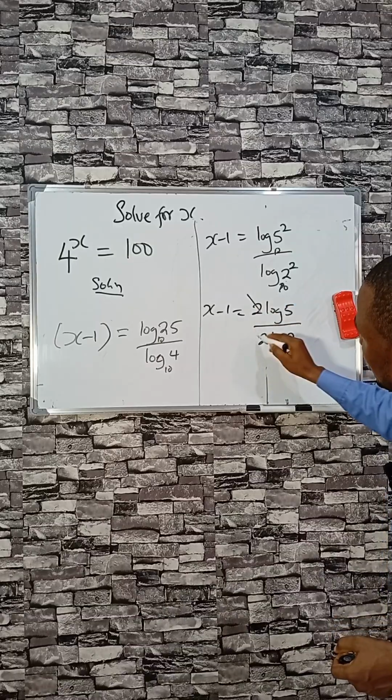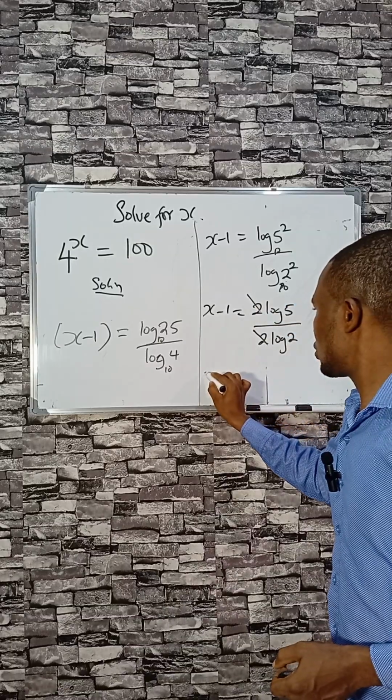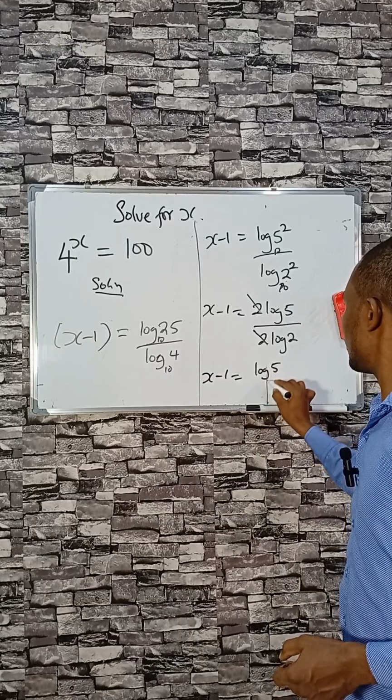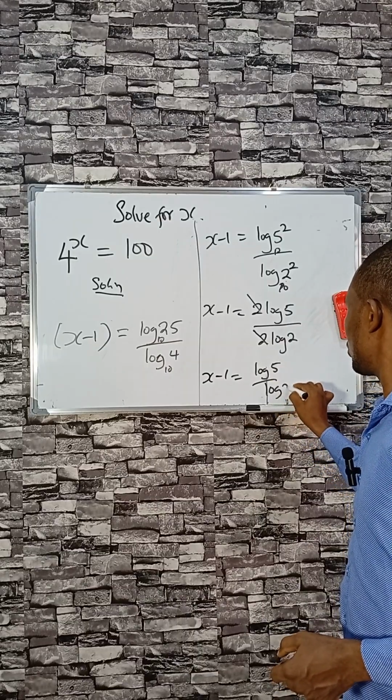Now if you check, this and this will go, giving us x minus 1 equals log 5 divided by log 2.